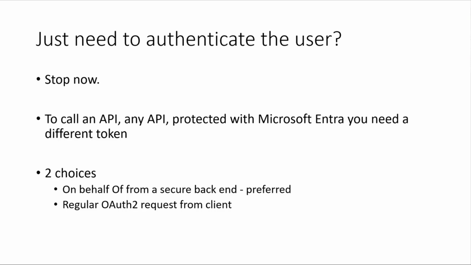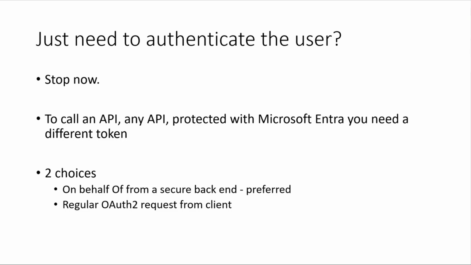In order to ask Azure AD to take the token that allowed Teams to access my application and say, now I in turn would like to access Microsoft Graph on behalf of the user, I can only do that with something called a confidential client. And in order for that to happen, it has to be from a secured backend. I can't do that from, say, just JavaScript on the page, because JavaScript on the page can't keep the secrets that are needed.